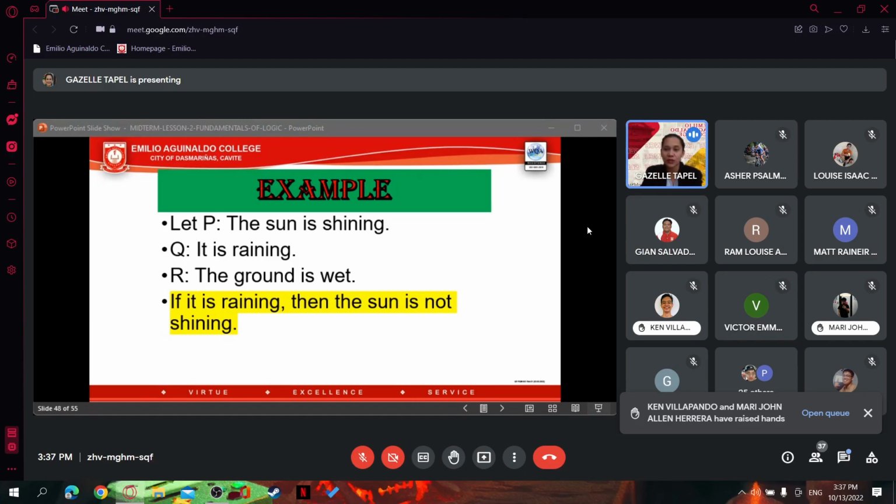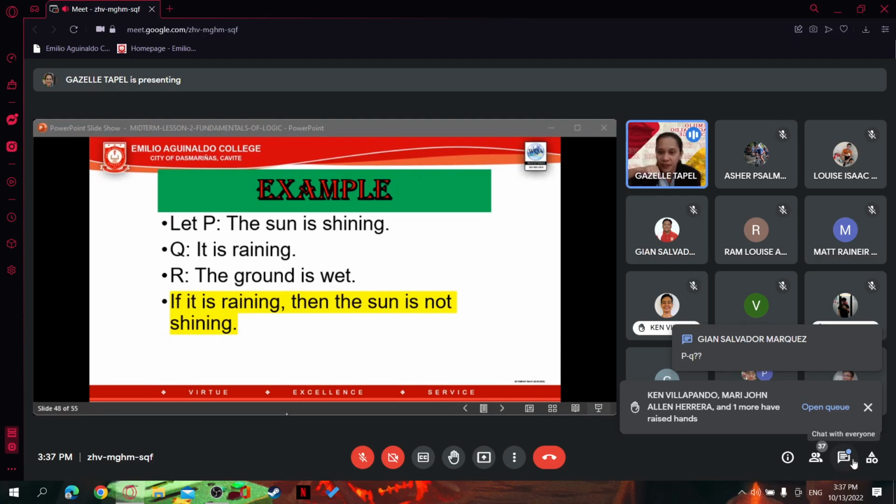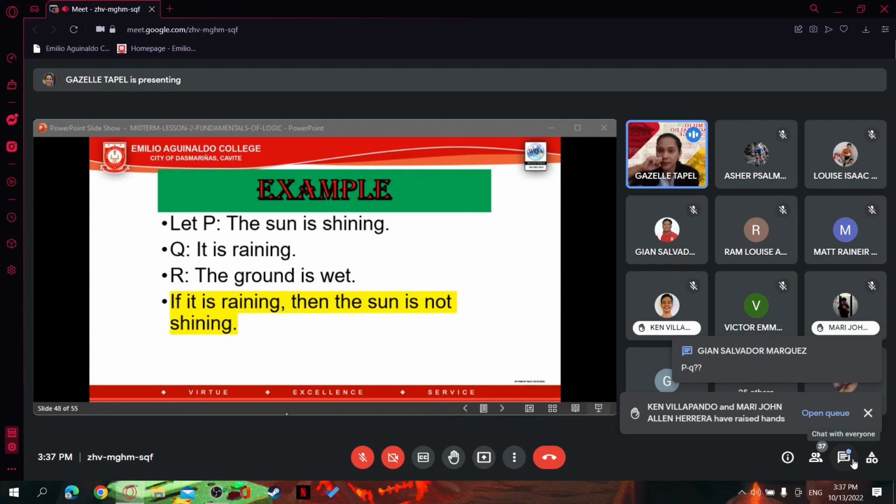From that given P, Q, and R, if it is raining, then the sun is not shining. What is the answer? I-type nyo yung logical connective niya dyan sa chat box. Paano nyo siya isusulat sa symbol? If it is raining, combination na to ng lahat from conjunction, disjunction, hanggang biconditional. Let me see your answer. Type nyo guys, para makita ko kung tama.